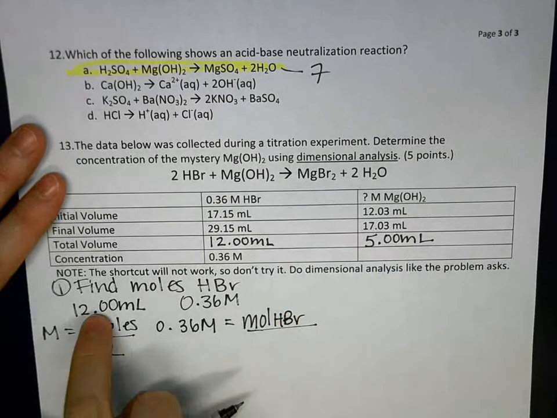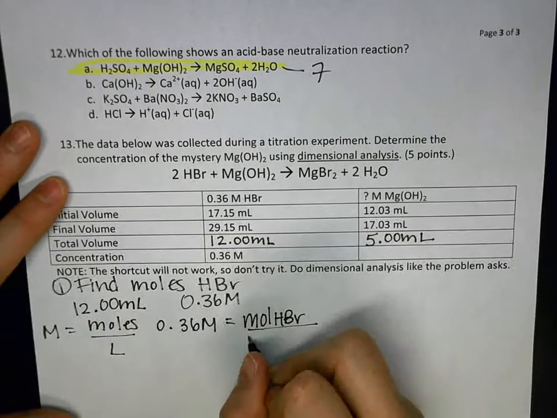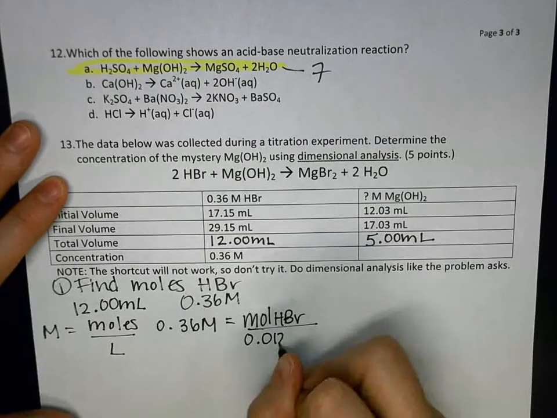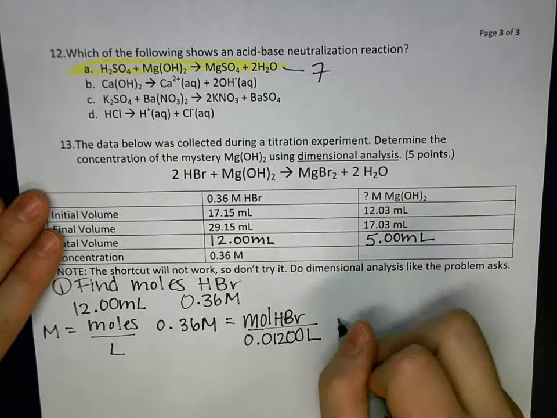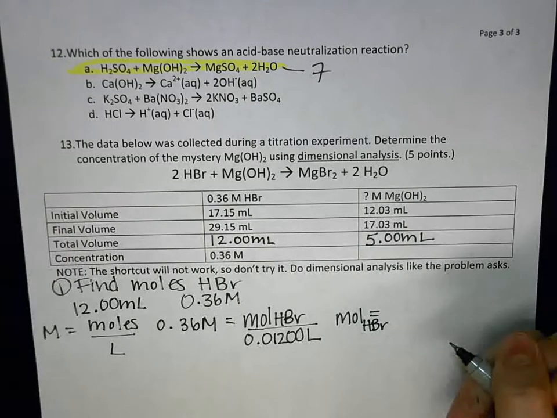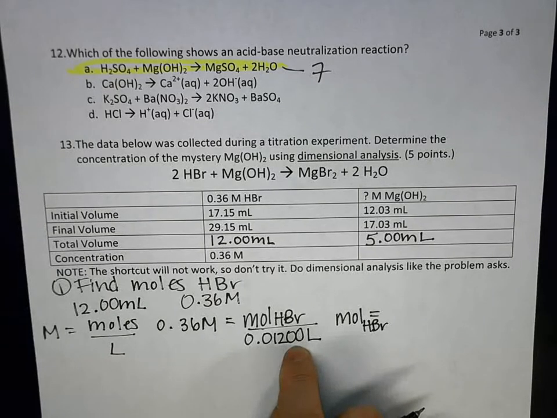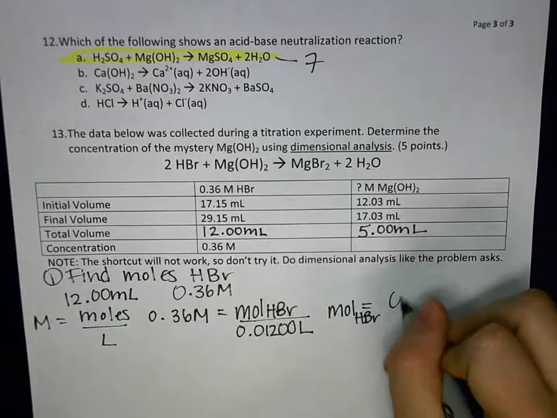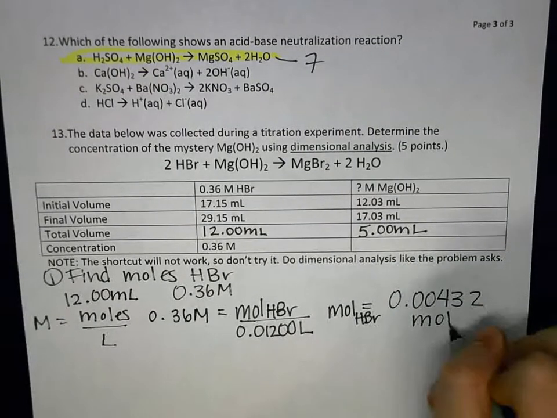I know the liters of HBr. All I've got to do is convert 12 milliliters into liters. So when I solve for moles of HBr, I'm going to get 0.36 times this number. So I get 0.00432 moles of HBr.